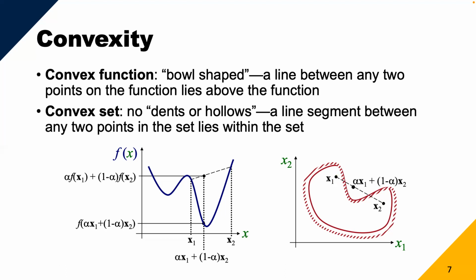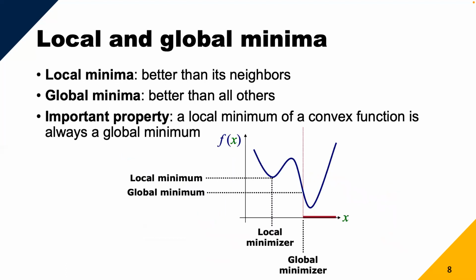And this is an important property for optimizations for a couple of reasons. One of the things that an optimization does is it tries to look for these minimum values.